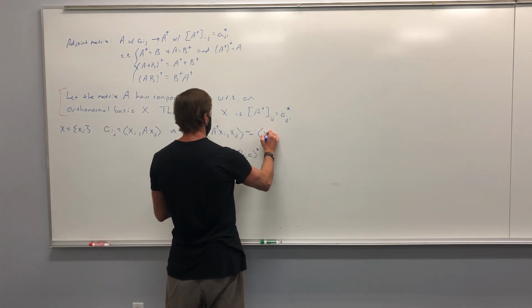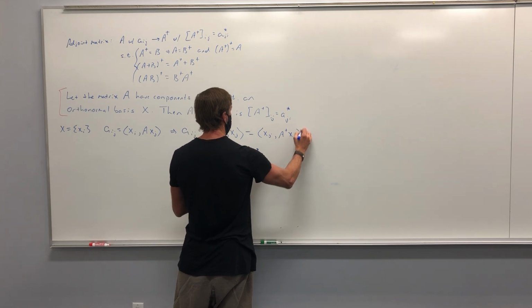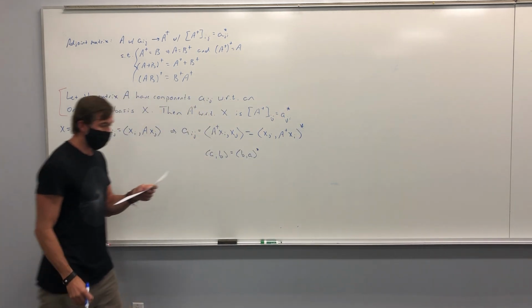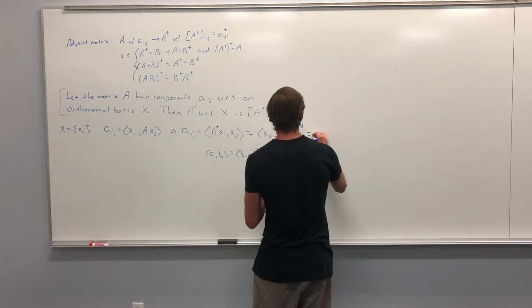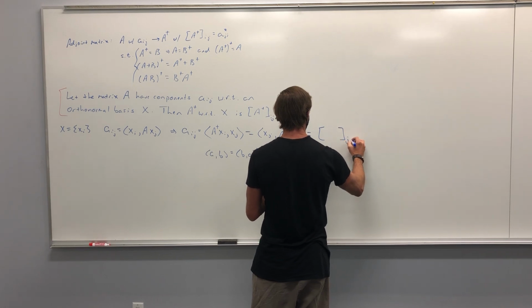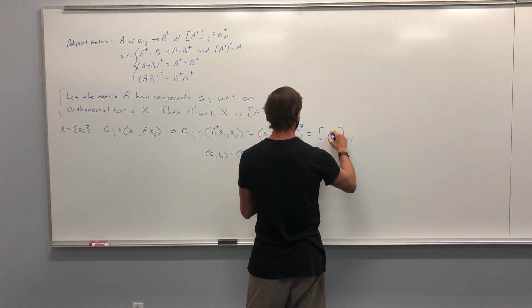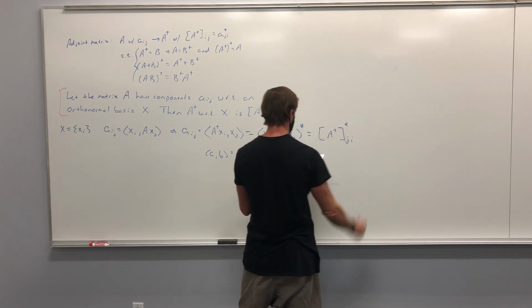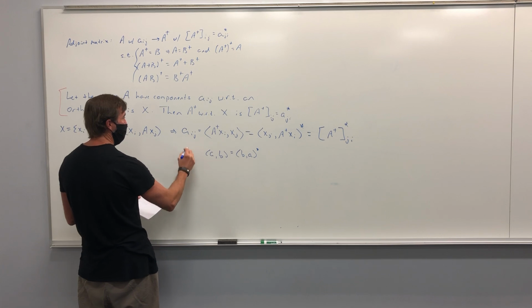And so this is going to be <x_j, A† x_i> starred. But this is the definition of the ji-th component of the operator A†, starred.